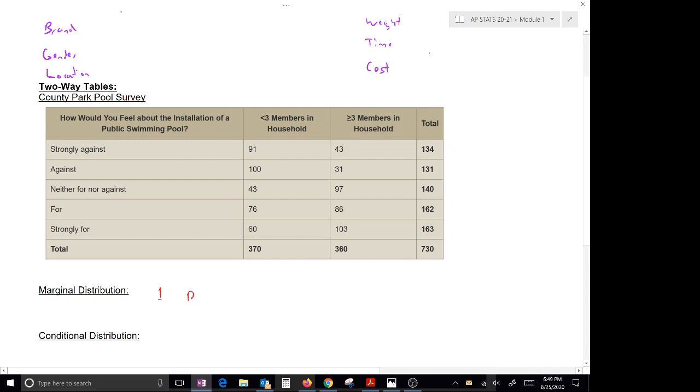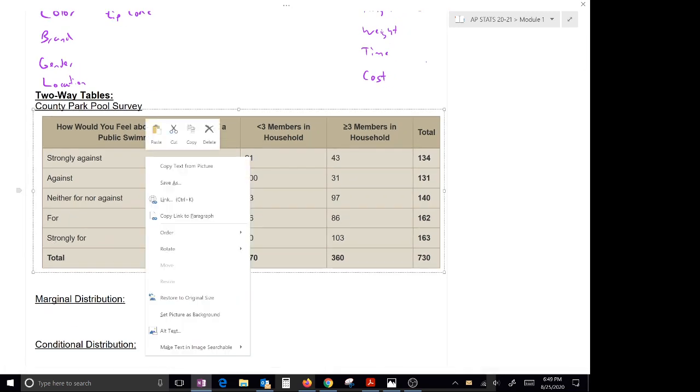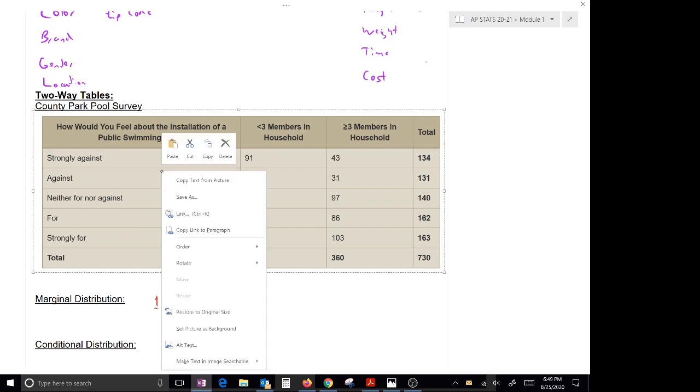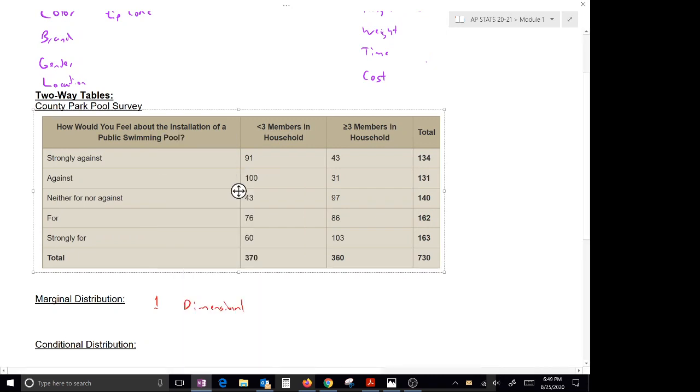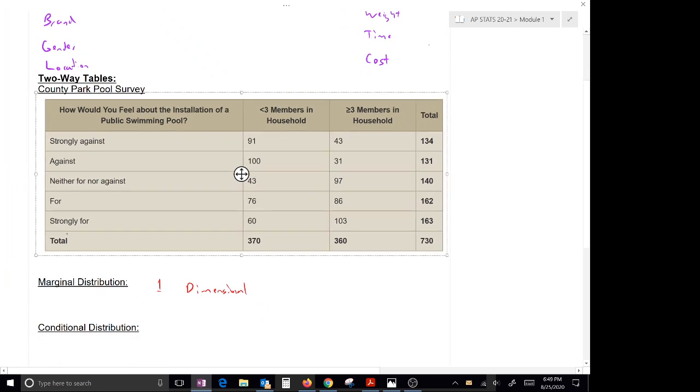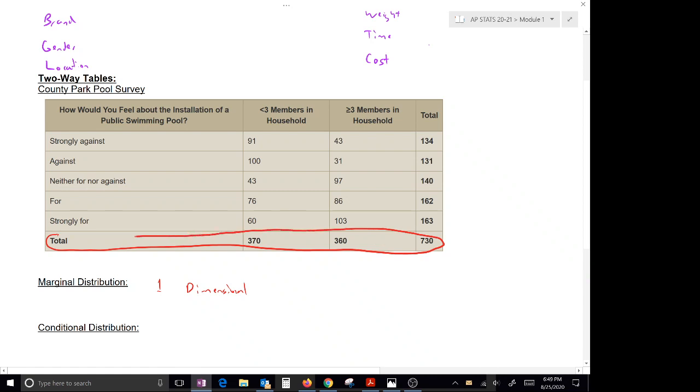For example, one marginal distribution would be what's going on down here.